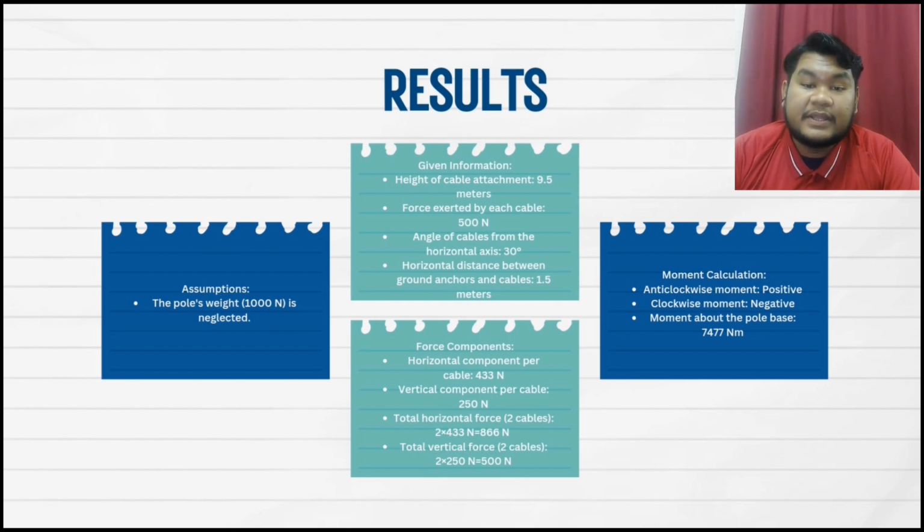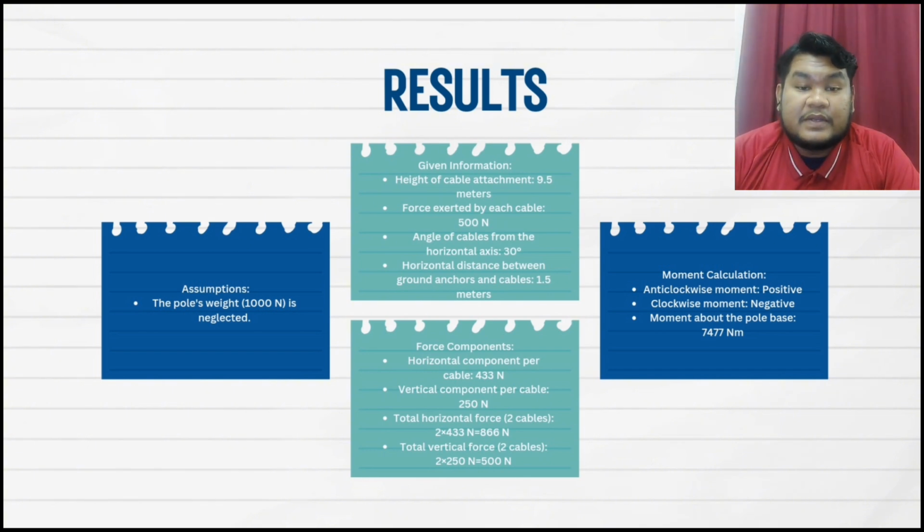And lastly, we'll be looking at the calculation for moment about the pole from the base. We made an early assumption that the anti-clockwise moment will be positive and the clockwise moment will be negative.